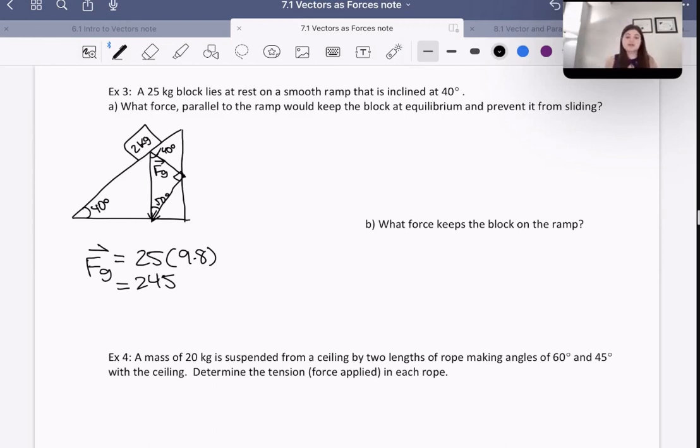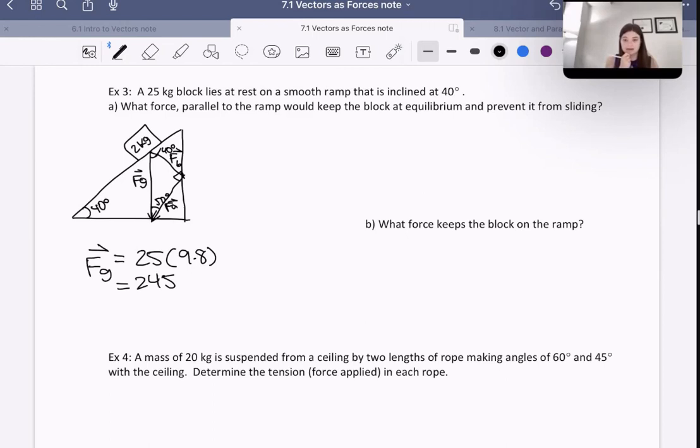So now what I'm going to do is figure out what we need to figure out. We need to figure out the forces that are parallel, which force parallel to the ramp would keep that block there, right? So here's our force of gravity. Actually, I'm going to label these a bit more clearly. Force of gravity would be this one, right? And then here's our force B and our force A. And the one that's supposed to be parallel is actually force A, right?